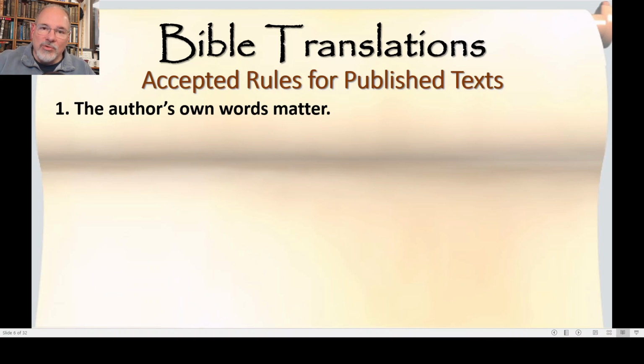Because when people write their books, even the people that want to promote this perspective on the dynamic equivalence side, where it's really in the reader's mind that the meaning has reference to and all this stuff.